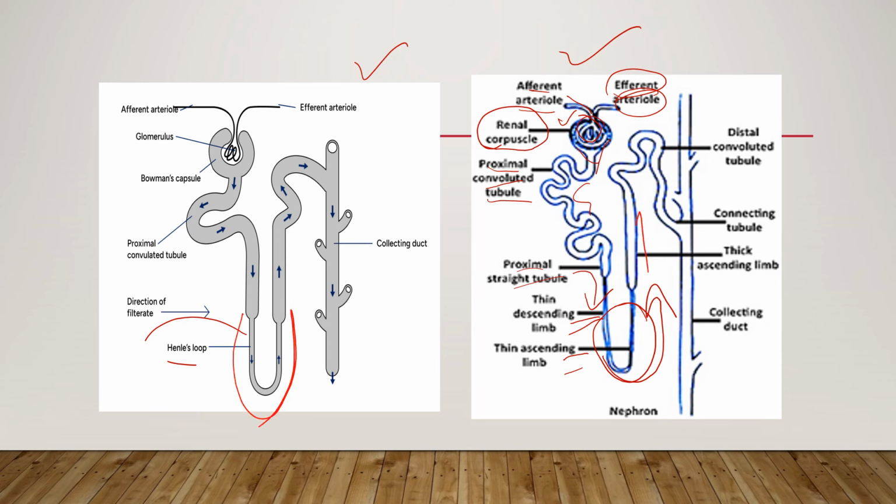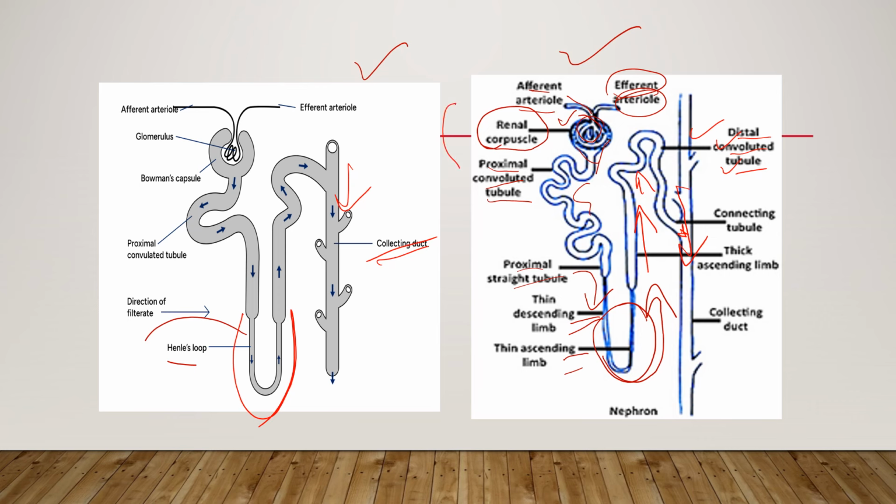Now we move on up to the thick ascending limb, and after this thick ascending limb, this part is called the distal convoluted tubule. Okay, now after that, the distal convoluted tubule opens into the collecting straight tubules, which are called the collecting duct or collecting tubules.